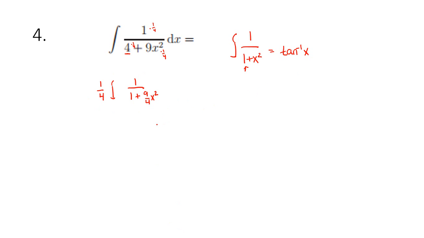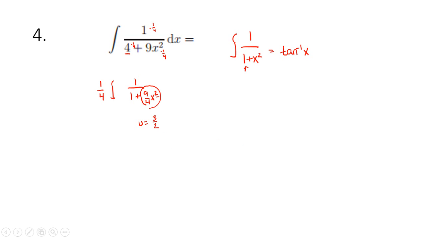And if we have tan negative 1, then we're going to want to use U-Substitution. Now here's where this is tricky. Because this is squared, we need to think our u is going to be 3 over 2 x.